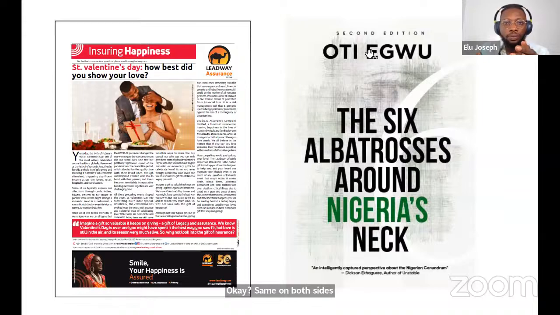Now, I want you guys to tell me, on the second design, the book cover, what do you see? Alignment, hierarchy, proximity, white space, or contrast?